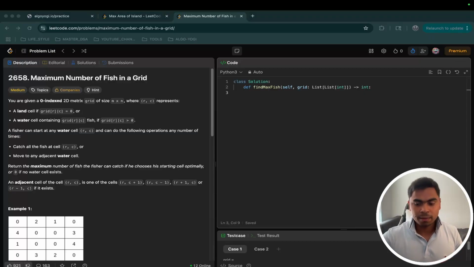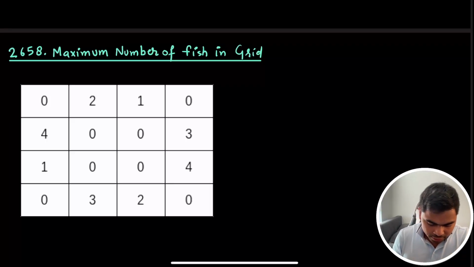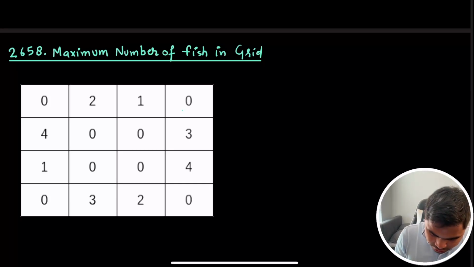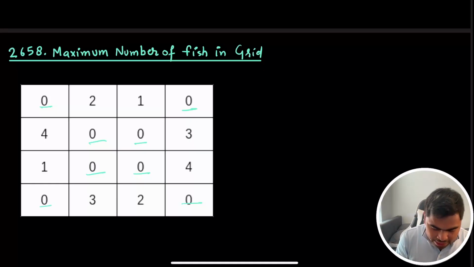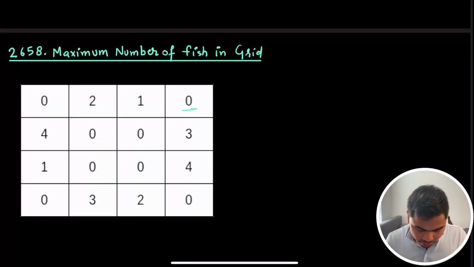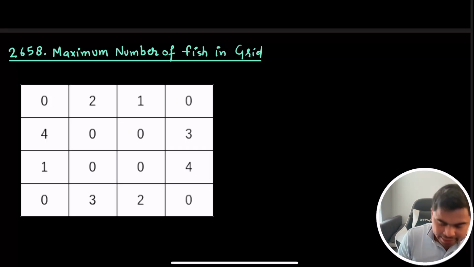Okay, so let's switch our view. This is basically the grid that has water and land. Where is my water? All these zeros are land, so this is where you cannot fish. Where can you fish? You can choose any cell that has a value greater than 0, and that represents the number of fish.